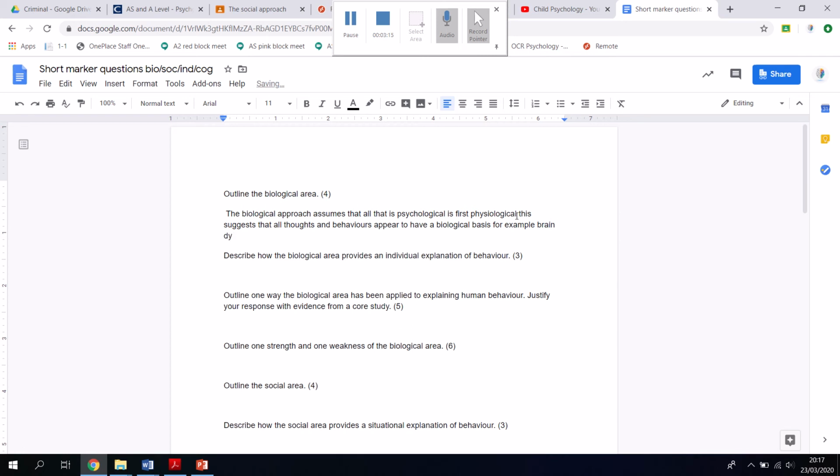brain dysfunction, neurotransmitters. So obviously, for example, you looked at things like serotonin and the impact on depression symptoms, and hormones, because again we looked at things like testosterone and how that can influence behaviour such as aggression.